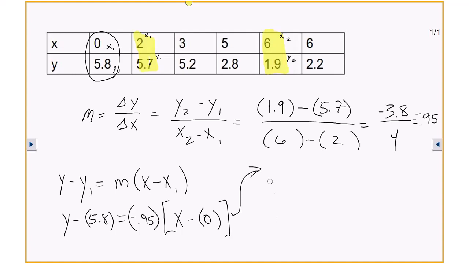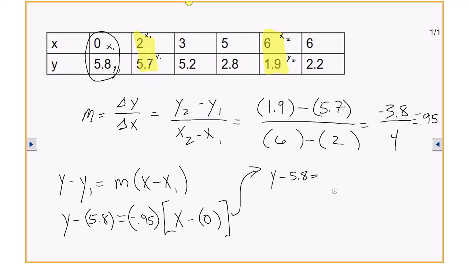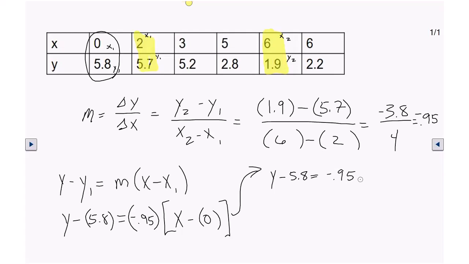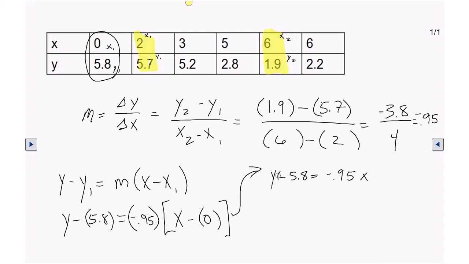And y minus 5.8 is equal to negative 0.95x, because negative 0.95 times 0 is what? Bring the 5.8 across the river. And your final answer is y is equal to negative 0.95x plus 5.8.